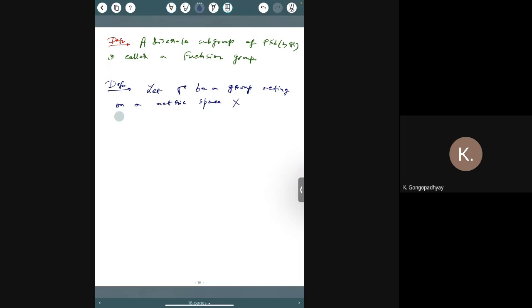You can define it for any topological space. But I take metric space because it's a nice space. In an arbitrary topological space, one may have to formulate it nicely.